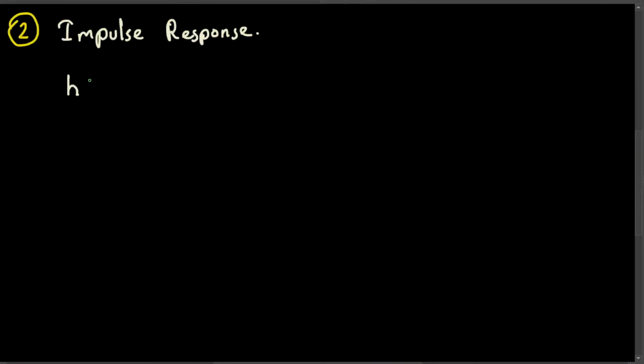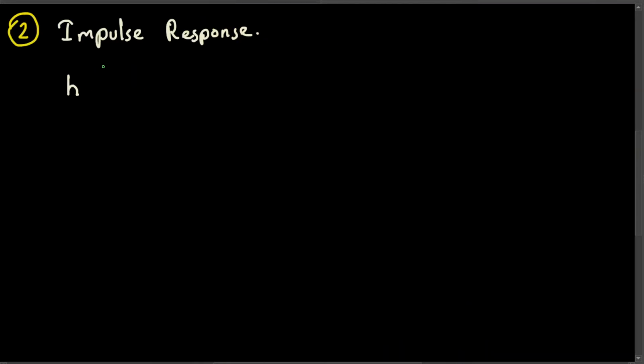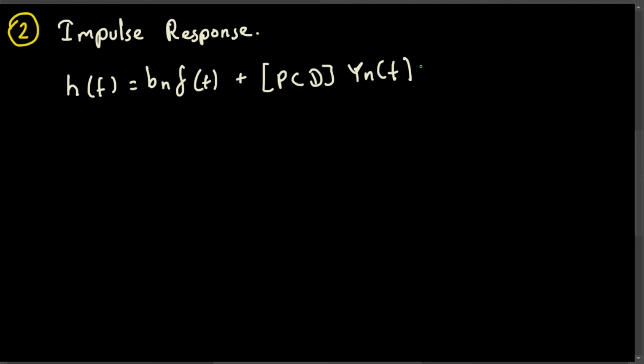The impulse response is given by this equation: h(t) is equal to b_n delta(t) plus P(D) y_n(t) u(t).